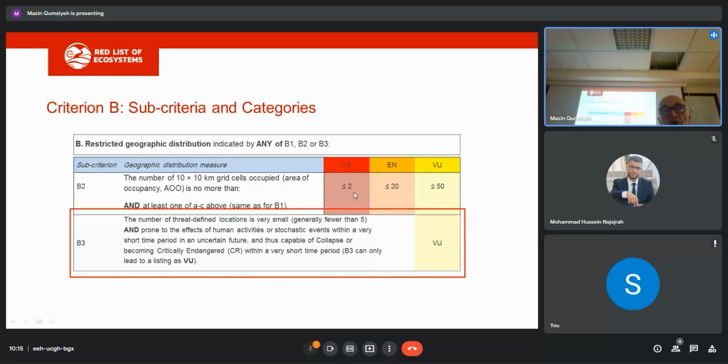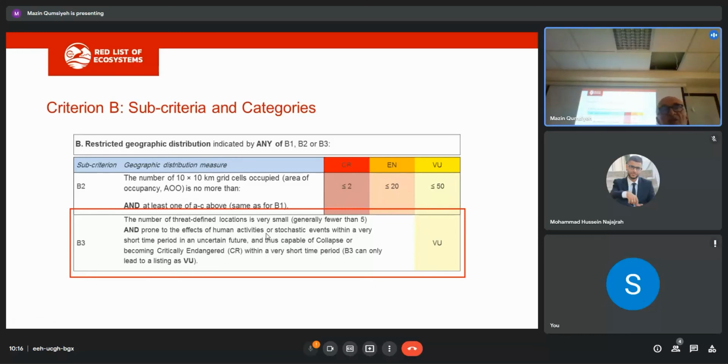Less than 2 grid cells, between 2 and 20 grid cells, and between 20 and 50 grid cells. Or the last criterion, the number of threat-defined locations is very small, generally fewer than 5, and prone to the effect of human activity.